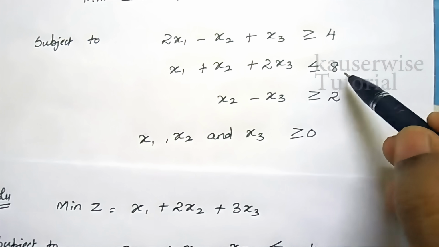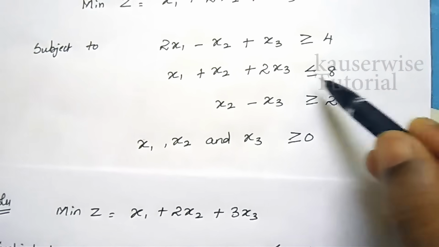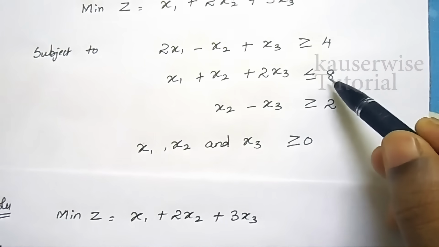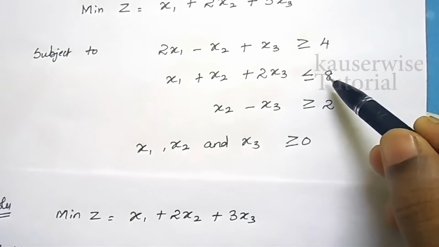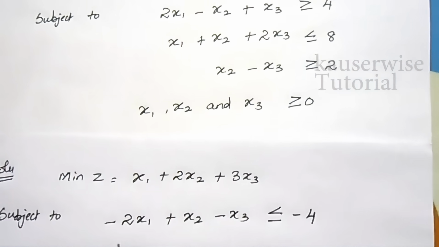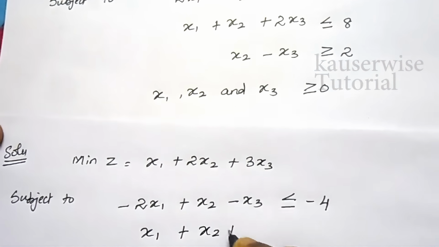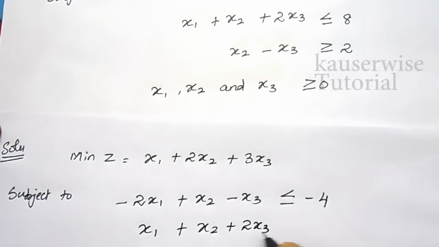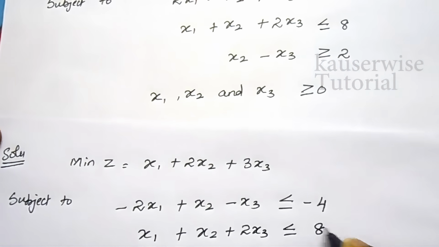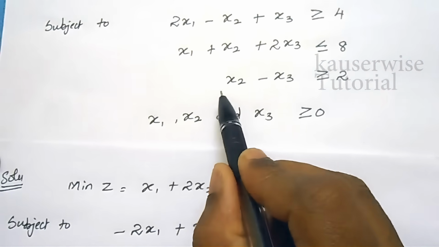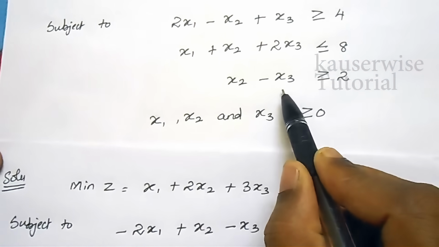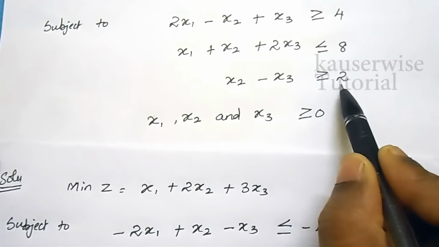Look at the second constraint. The second constraint is lesser than or equal to type. So we need not change anything. Simply you can write the same value. Third constraint, minus x2 plus x3 lesser than or equal to minus 2.